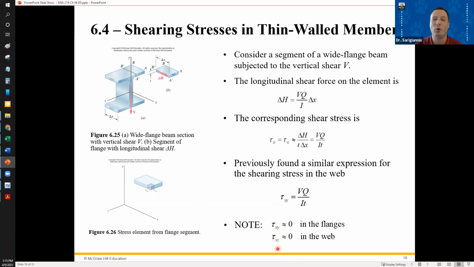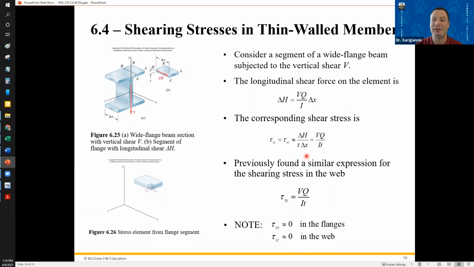And then in the web, the center section here, because it's handling all that vertical shear, the sideways shear, the tau xz, on the x plane with z component of shear, is approximately 0 in the web.